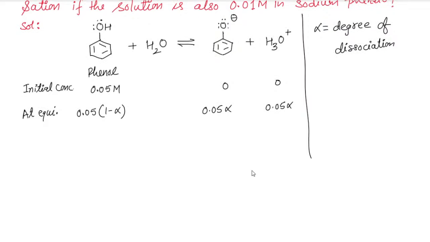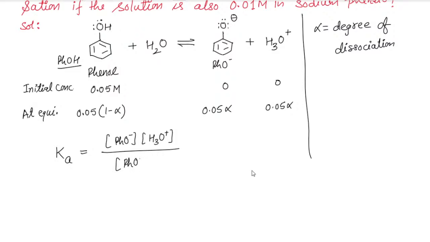So now dissociation constant of acid, that is Ka, is equal to concentration of PHO negative, writing phenol as PHOH and phenoxide as PHO negative, times H3O plus ion concentration, divided by PHOH concentration.